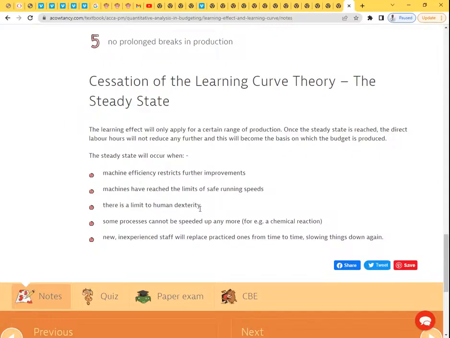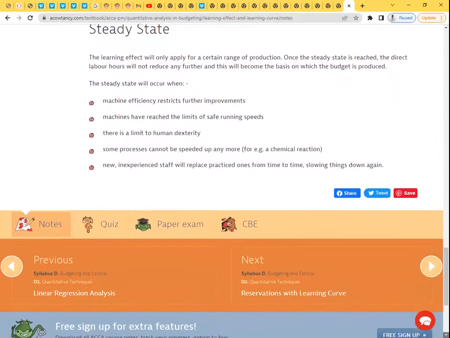When you're producing things manually, there is a maximum you can go to. So you can call this a limitation of these employees, that they cannot produce beyond a certain extent. Some processes cannot be speeded up anymore, e.g. chemical reaction. New inexperienced staff will replace practiced ones from time to time, slowing things down, very important.